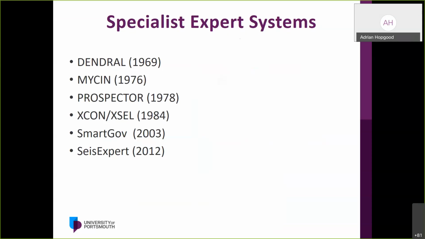And these things are still relevant today. So more up-to-date examples include SmartGov for configuring websites for local government, and SeisExpert, which is a more kind of up-to-date version of Prospector in a way. It's using seismic data to interpret the geology.